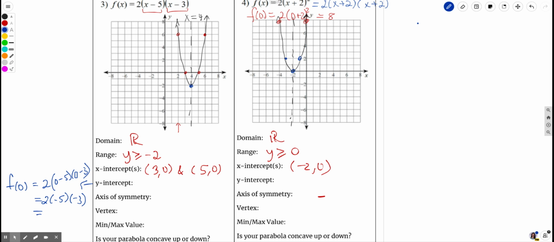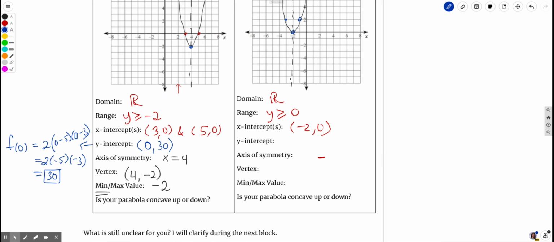So when we go ahead and multiply all of this out, we get an answer of 30. So (0, 30) is going to be our y-intercept. Our axis of symmetry is going to be x equals 4. Our vertex is going to be (4, -2). Our minimum value is going to be -2. Our parabola in this case is concave up.